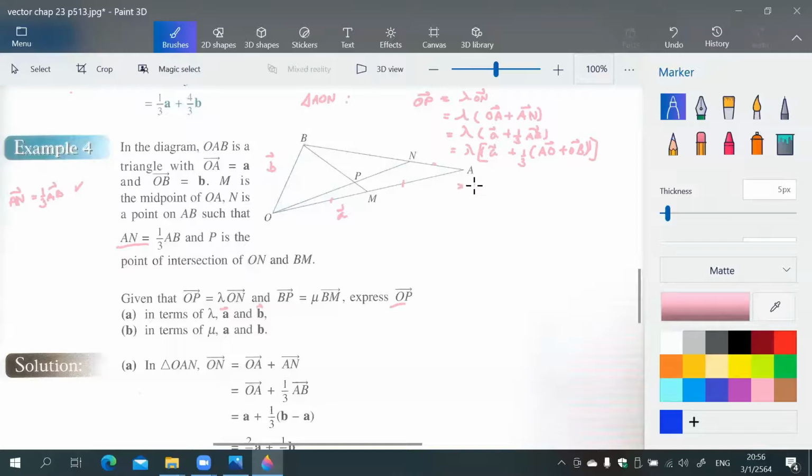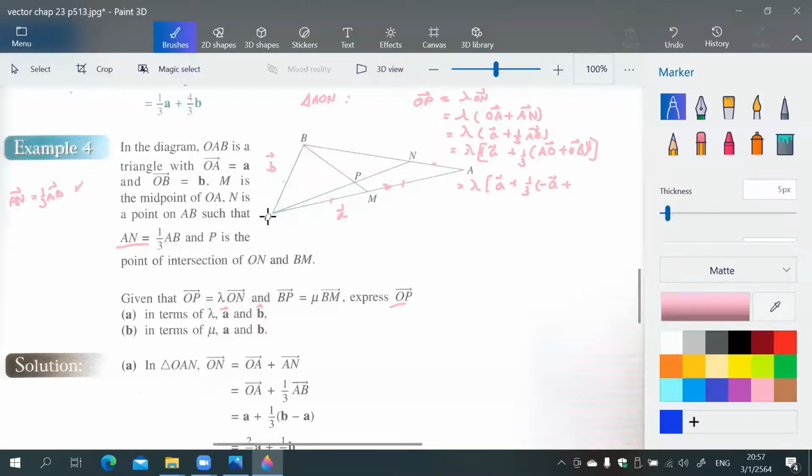Now to the bottom here, lambda. This one is going to be vector A plus 1/3 vector AO, but we have OA, right? The question gives us AO, this side AO. So this is going to be vector A with the opposite side, so negative, plus OB.